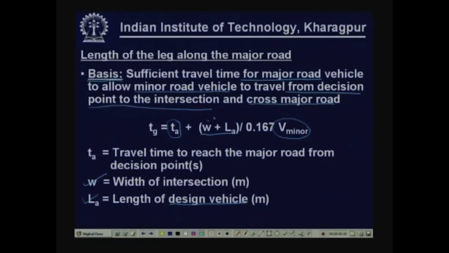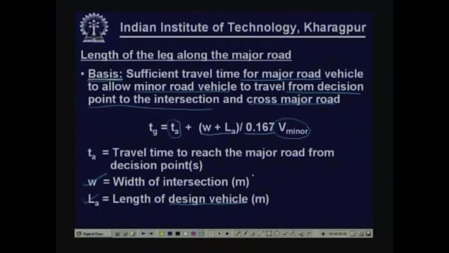Now, this is the total distance that is required to be crossed divided by the speed. Normally V is expressed in kilometer per hour, so the conversion factor is normally 0.278. In this case, carefully note that this factor is 0.167. Why is it 0.167? Because it is assumed that vehicles will reduce speed up to 60% of the mid block speed.